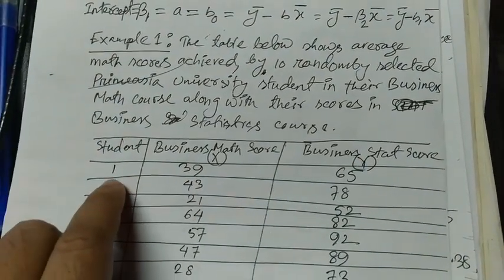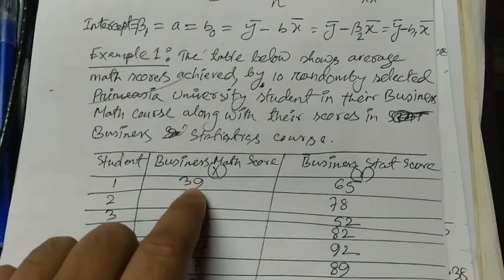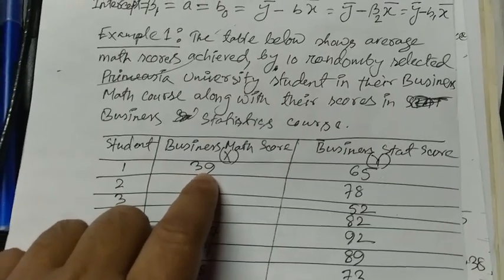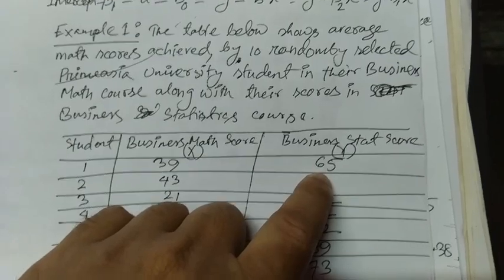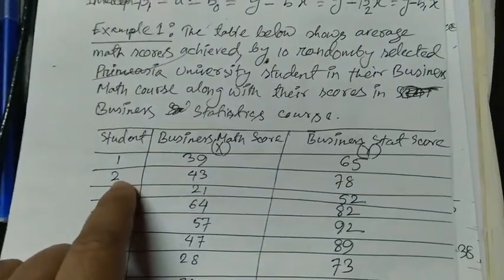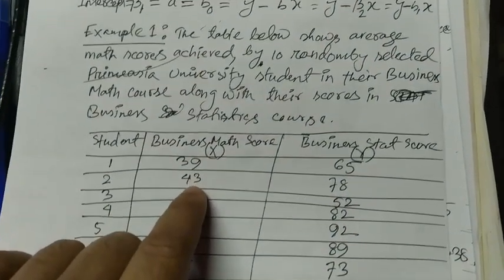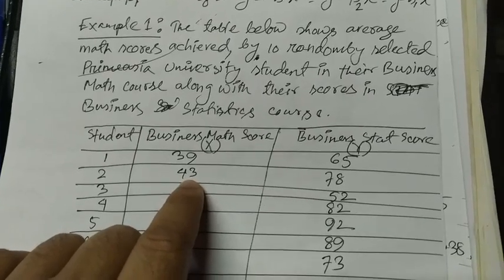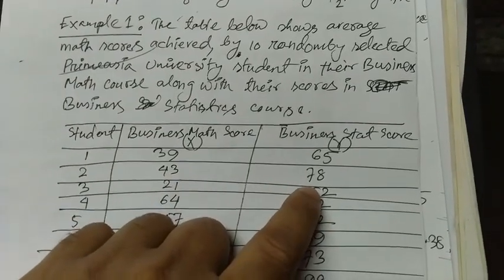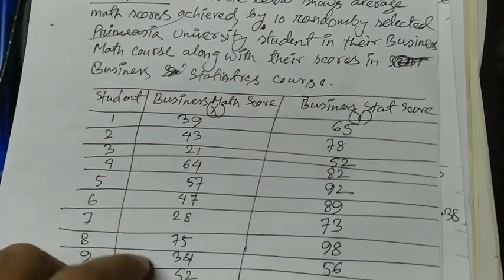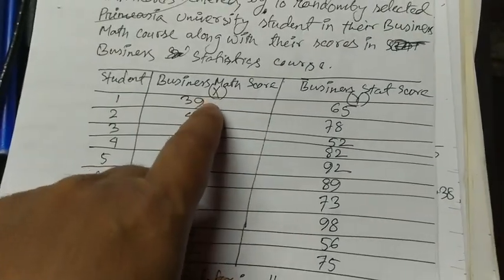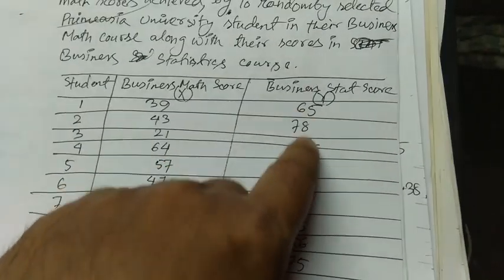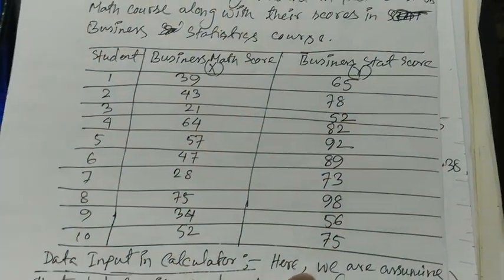For example, student 1 got 39 in business math, whereas in business stat he or she got 65. The second student got 43 in business math but 78 in business stat. So the marks of the 10 students in business math and business stat are given there.